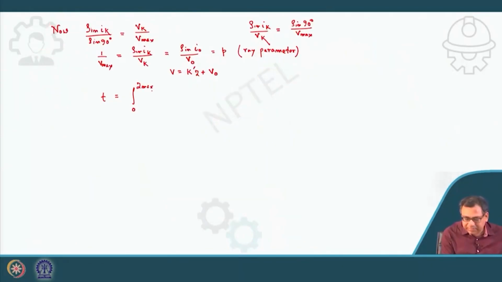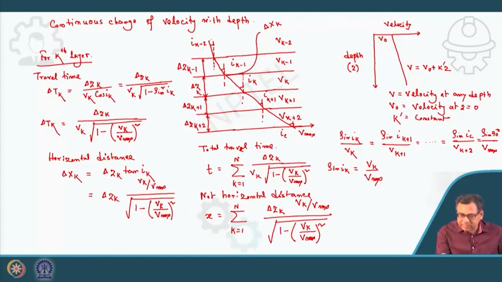What is z_max? It is the maximum depth the wave will reach. For example, if this is a particular ray, from top to bottom the vertical depth is z_max, where the velocity is V_max.